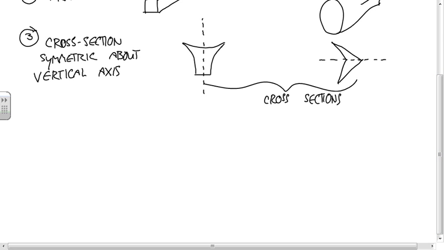Okay, so what kind of stresses can we expect from bending? How are stresses developed in bending?